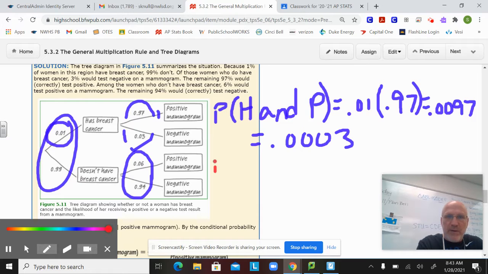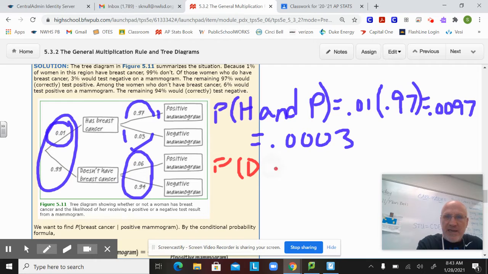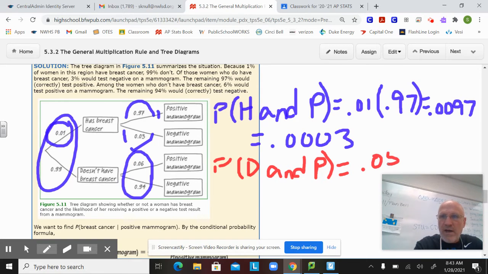So now the next one I will write. This is the probability of doesn't have breast cancer, which is D, and P for positive. Again, I'm going to multiply those 2 together: 0.99 times 0.06, and I get 0.0594.